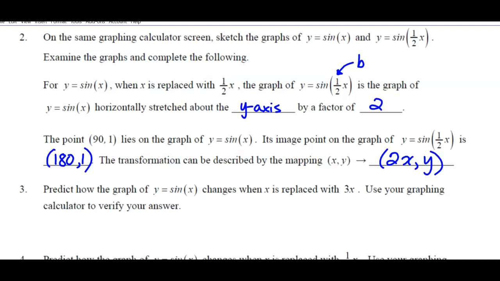So predict how the graph of y equals sine x changes when x is replaced with 3x. So that's very similar to the first one we did. This number is bigger than 1.